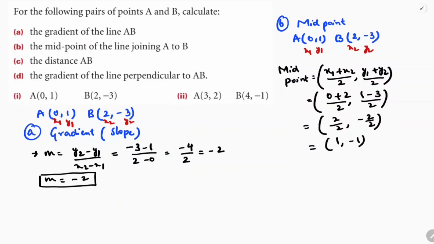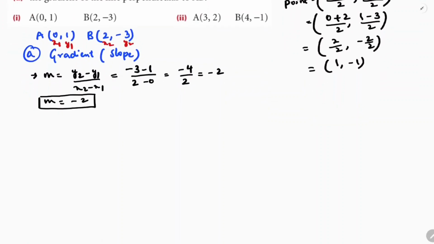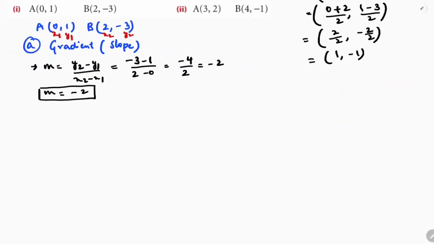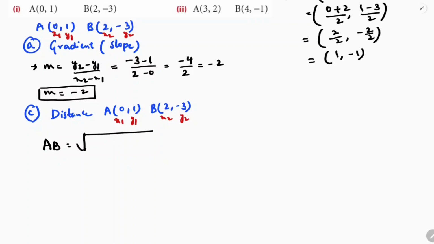Next one is we need to find the distance of AB. A is the same (0, 1), B is (2, -3). So the distance formula, you can consider this as x1 y1, x2 y2. So distance AB, the formula is under root (x2 minus x1) whole square plus (y2 minus y1) whole square.